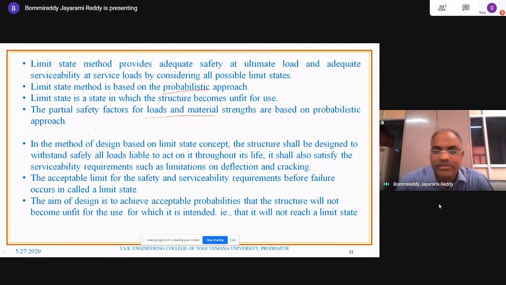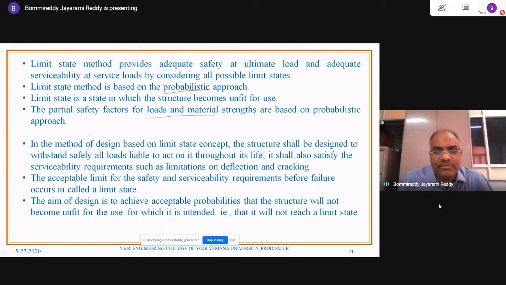In the limit state method of design, the very basic concept is that the structure shall be designed to withstand safely all loads liable to act on it throughout its life.